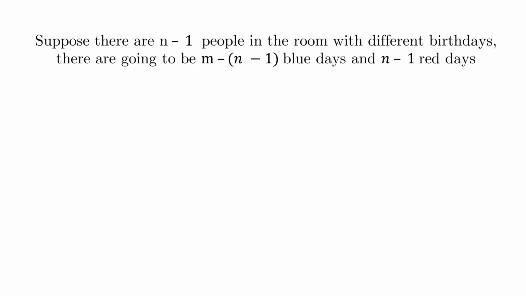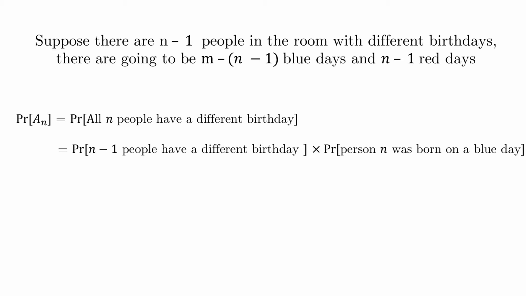And using the principle we defined before, the probability that all n people have a different birthday is the probability that the n-1 people who entered before the nth person have different birthdays, and person n was born on a blue day.